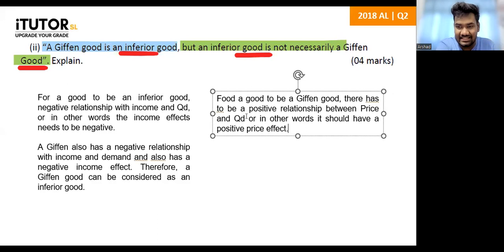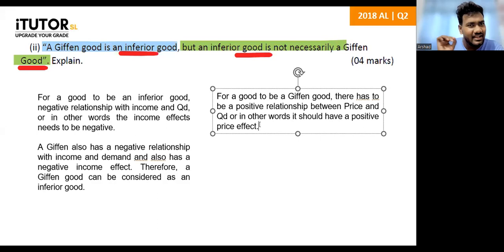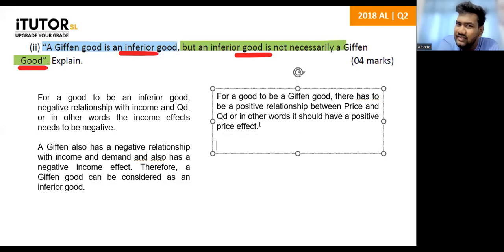For a good to be a Giffen good, there has to be a positive relationship between price and quantity demanded. In other words, there needs to be this. So then, can you tell me, guys, do all inferior goods have this condition?